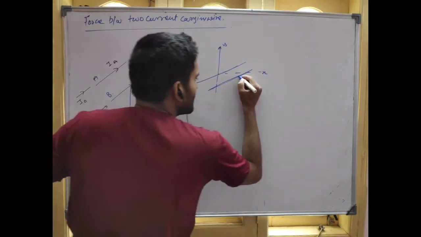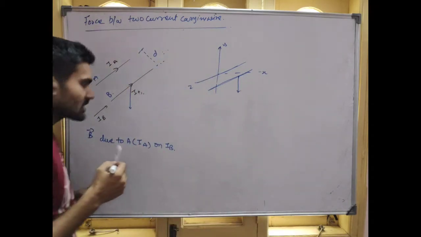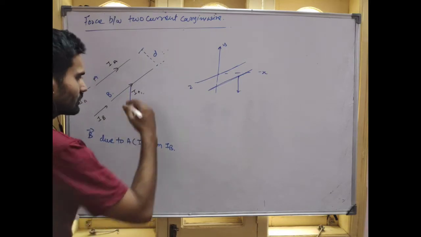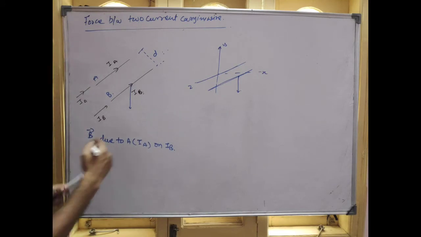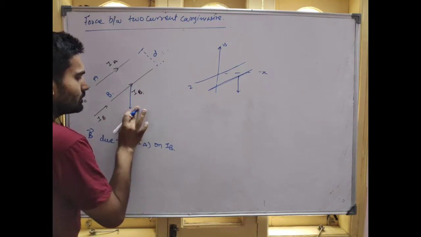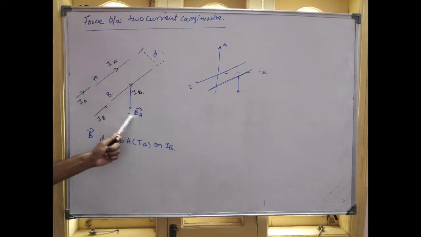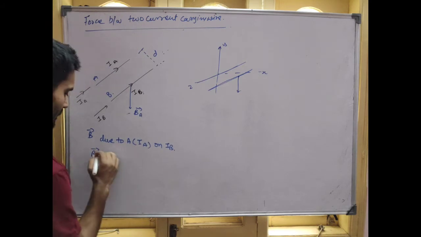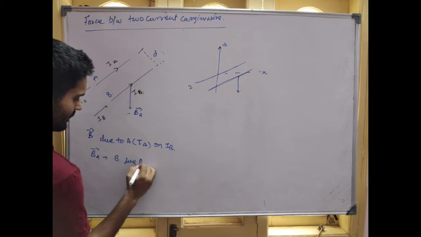Understood or not? Is the point clear? Tell me. So it is BA. What is BA? It is the field due to A.